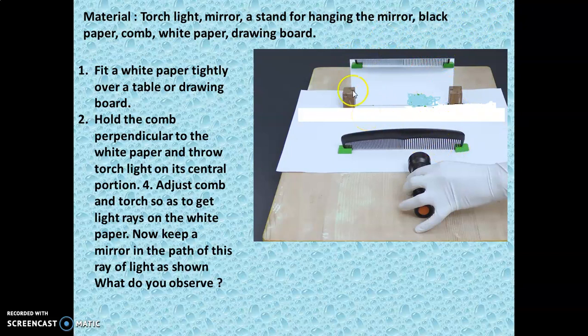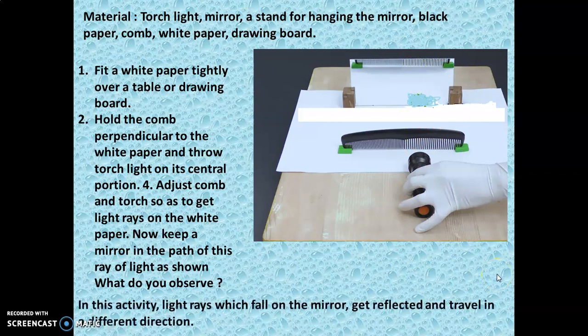And what do we observe? What do you observe in the mirror, children? See, here you can see the image of the comb. So when you are passing the ray of light from this, you can see the image of the comb. Light rays fall on the mirror, get reflected and travel in a different direction.